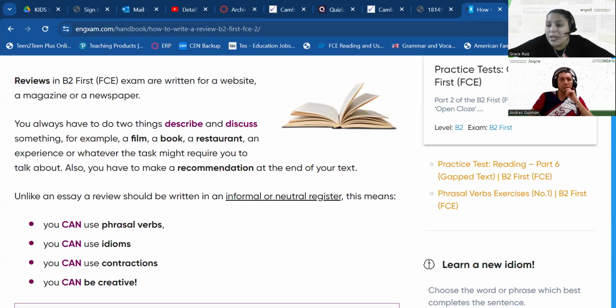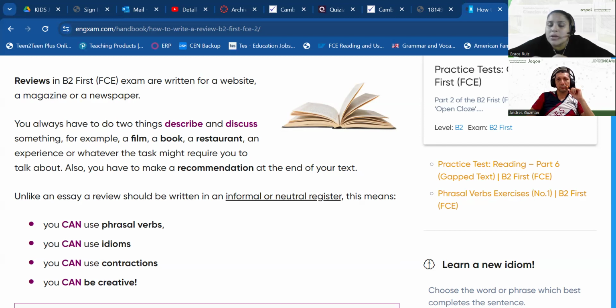So here, you have to describe and you have to discuss. When you're describing, you have to use a lot of what kind of words? Adjectives, correct. And adjectives are just words, but we can always get fancier with some describing words.